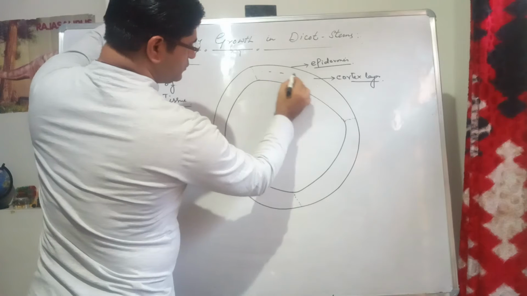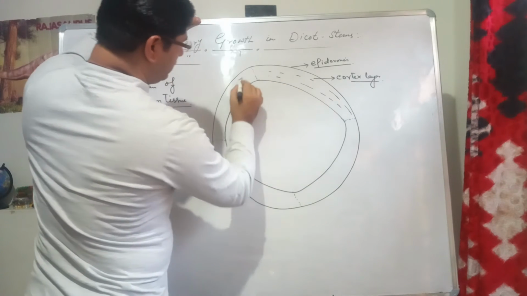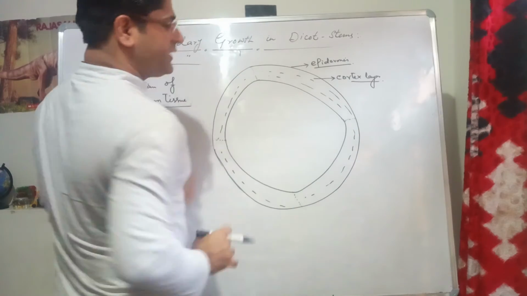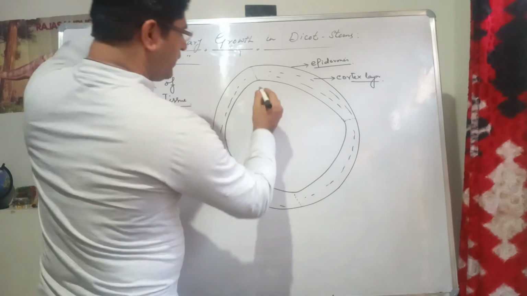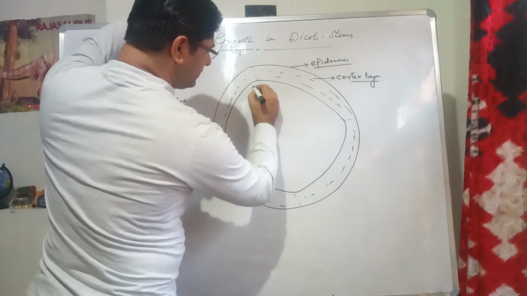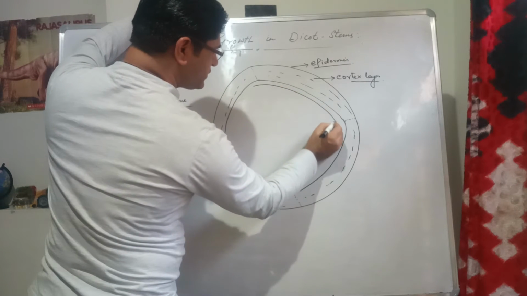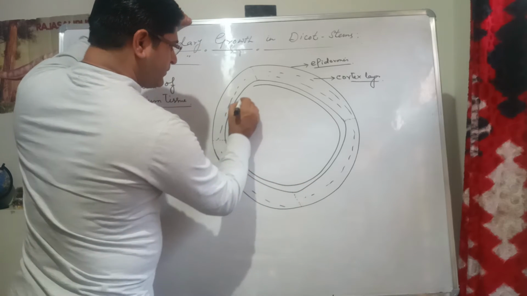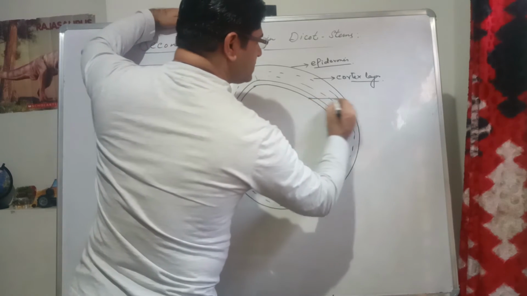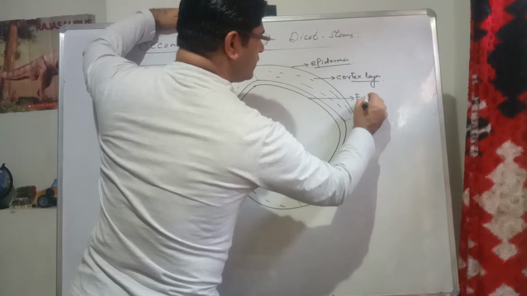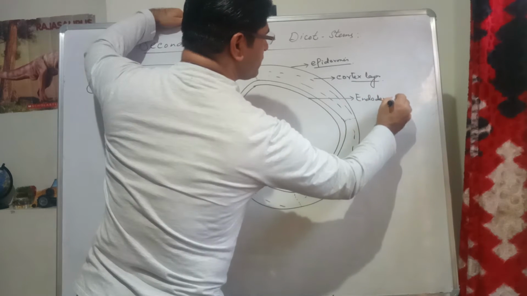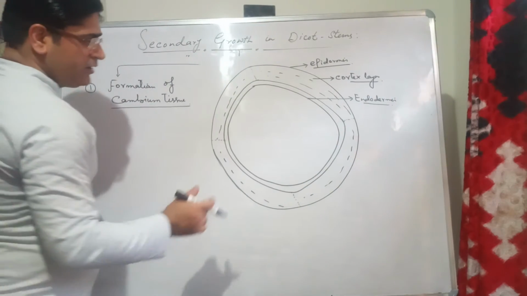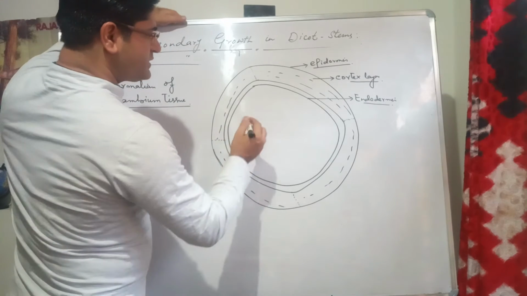So just make it in dotted form. This is the cortex. Then, as you have gone through, after the cortex, inside there is the endodermis. Consider this layer as endodermis. This is endodermis.